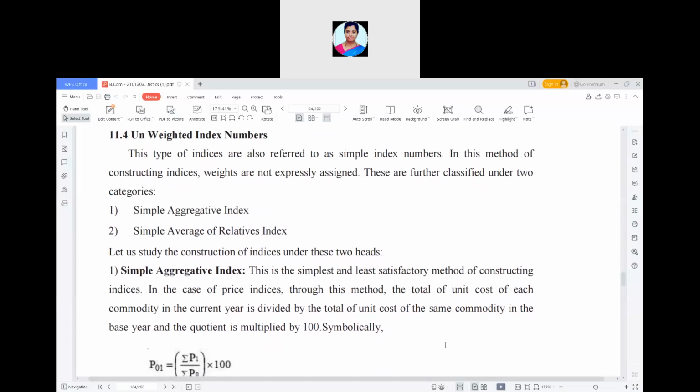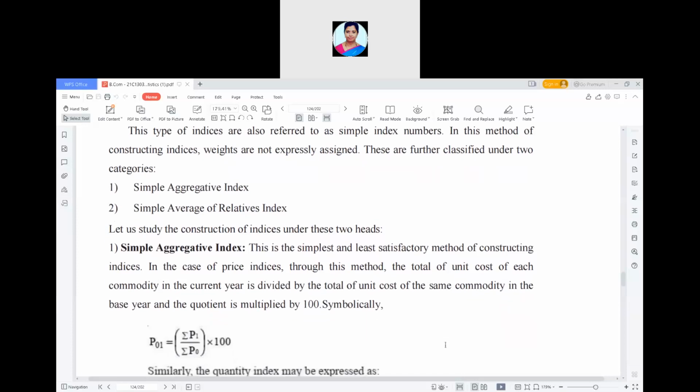When used to construct a price index, the total of current year prices for various commodities is divided by the total of base year prices and the quotient is multiplied by 100. That's the formula.